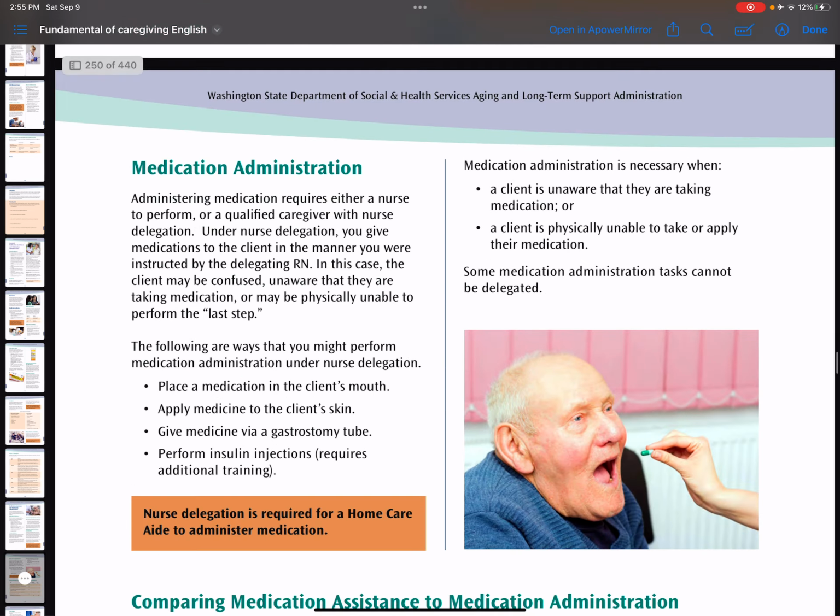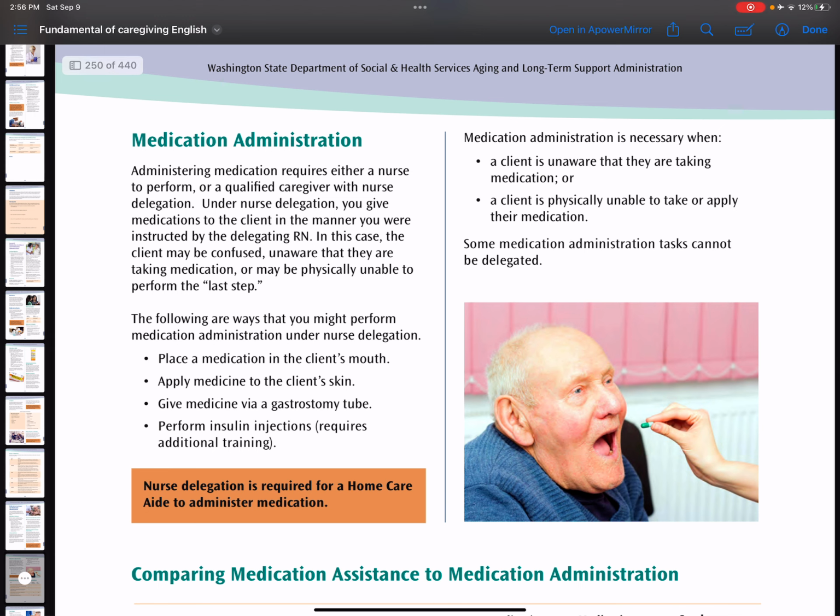Okay, let's look at medication administration. Medication administration is necessary when a client is unaware that they are taking medication, or a client is physically unable to take or apply their medication. If they can't do it, then we need medication administration. Administration usually requires a nurse to perform it, or a qualified caregiver with a nurse delegation.